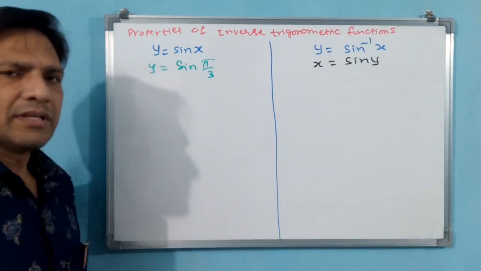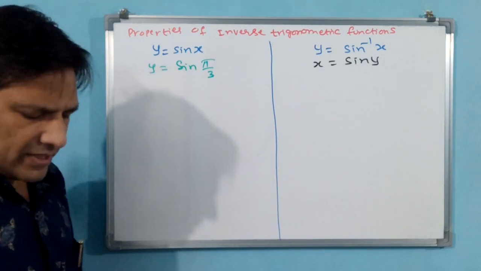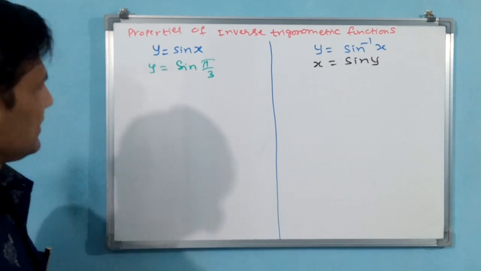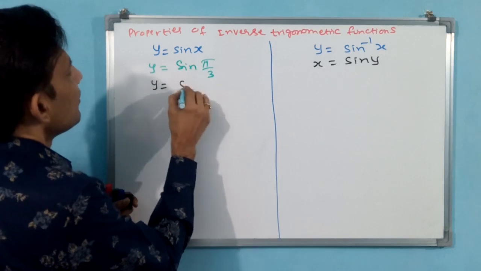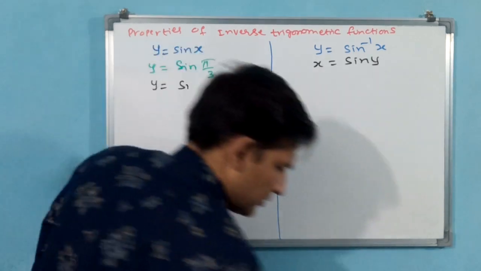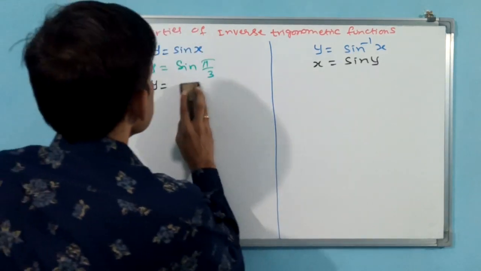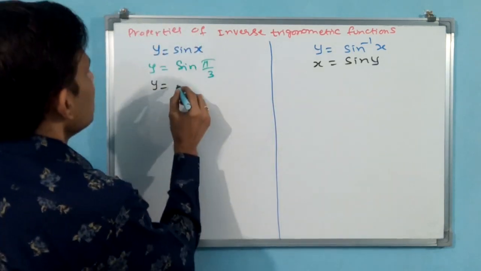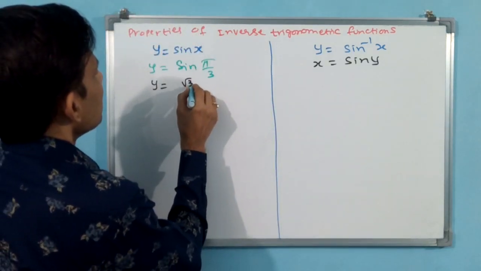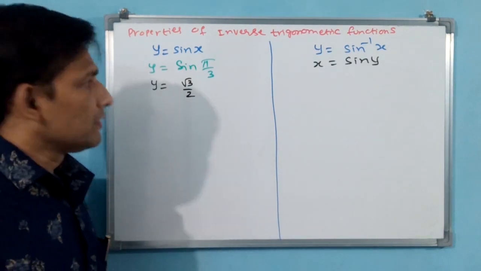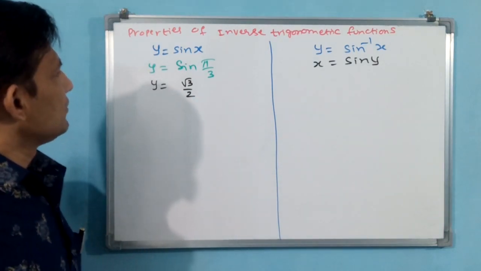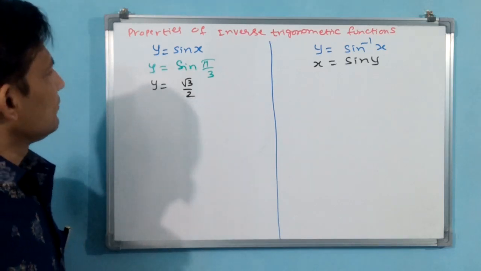What is sin pi by 3? 60 degrees. 60 degrees sin what? Root 3 by 2. Write that one. y is equal to, directly I write root 3 by 2. Is it okay? y is equal to sin x, y is equal to root 3 by 2.